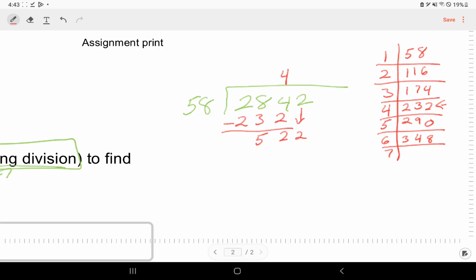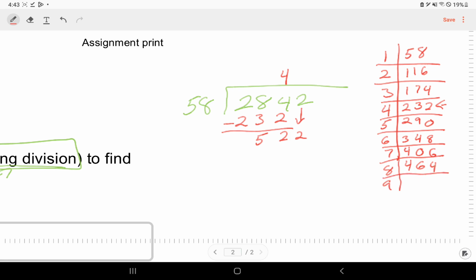Well, clearly I need to keep going because I need to get to 522 at least. 8 and 8 is 16, carry 1. 1 and 4 is 5, and 5 is 10, carry 1. 1 and 3 is 4. 8 and 6 is 14, carry 1. 1 and 0 is 1, and 5 is 6, so 464.